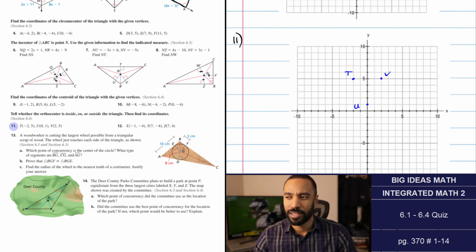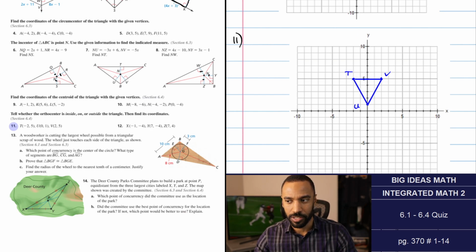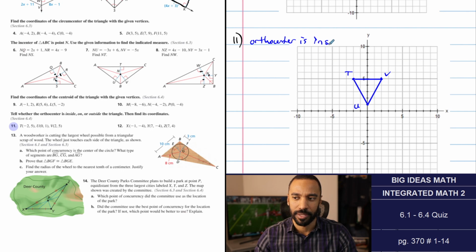Much like a circumcenter, but in a different way, if the orthocenter is inside the triangle, then you have an acute triangle. This one looks acute, therefore the orthocenter will be inside. Orthocenter is inside the triangle.